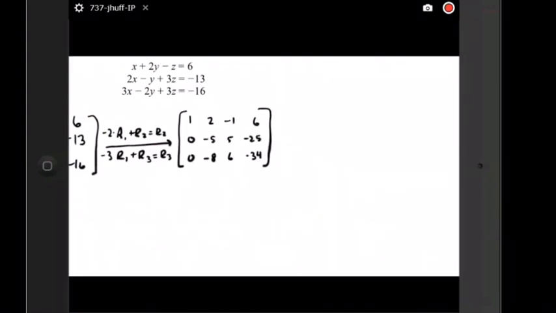Now I want to get a 1 right there. So I can multiply row 2 by -1/5. That would give me a new row 2.